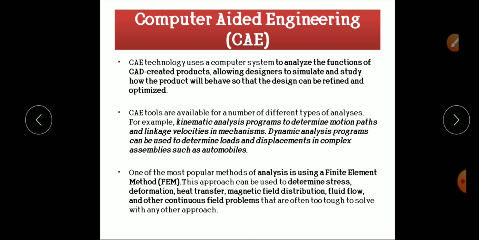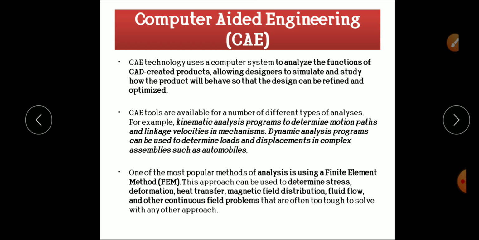CAE tools are available for a number of different types of analysis. For example, kinematic analysis programs determine the motion path and linkage velocity in mechanisms. Dynamic analysis programs can be used to determine the load and displacement in complex assemblies such as automobiles. One of the most popular analysis methods is the finite element method, FEM.